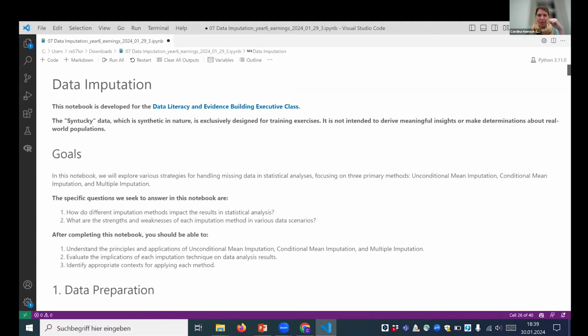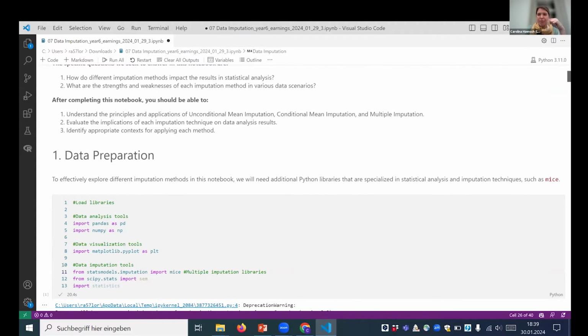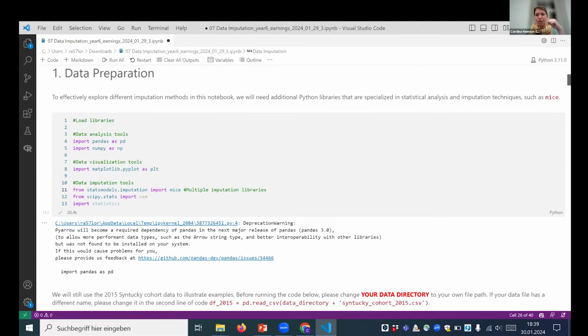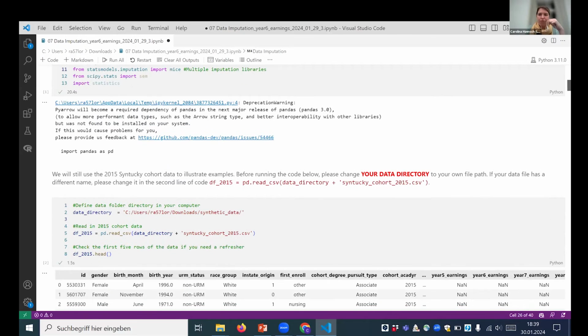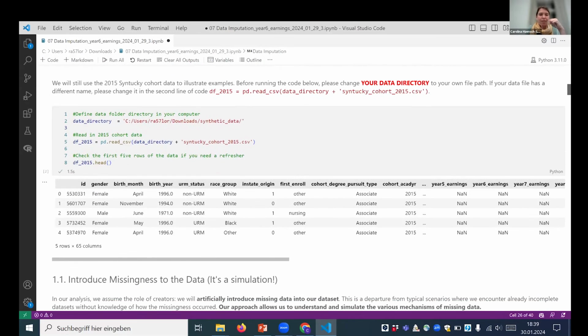And for this notebook, we will just use a little bit of the data available. So there are a lot of variables. Here you can see some of them.